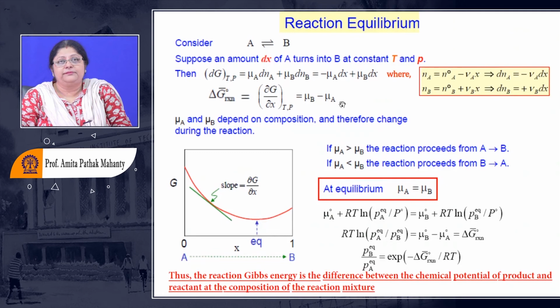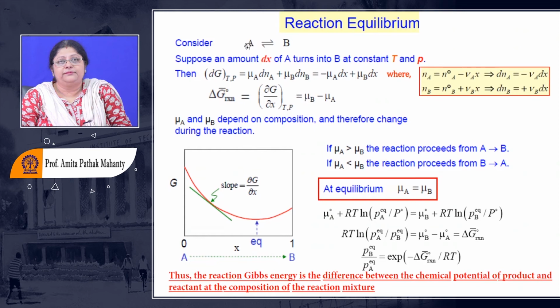If I had a number of species, suppose A plus B plus C giving me C plus D plus something F, then what would I write here? See, I can associate this with the stoichiometric coefficient.